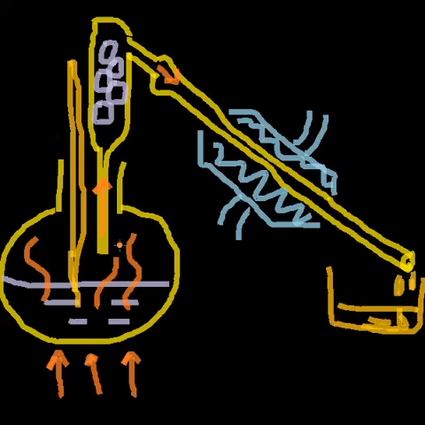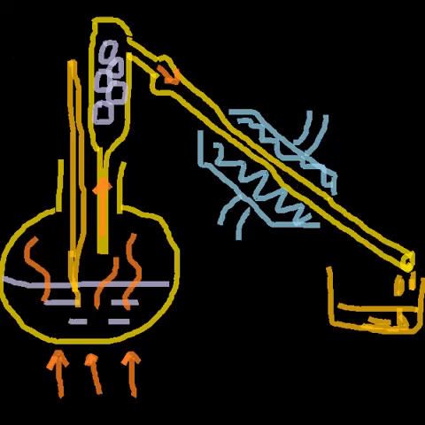So the difference between a normal distillation and this kind of distillation is that in a normal distillation process, the vapors are directly taken into the delivery tube, passed through the condenser, and condensed to form liquid. While in this kind of process, they are first passed through a fractionating column which contains glass beads which provide greater surface for condensation, and then they are passed through the delivery tube.